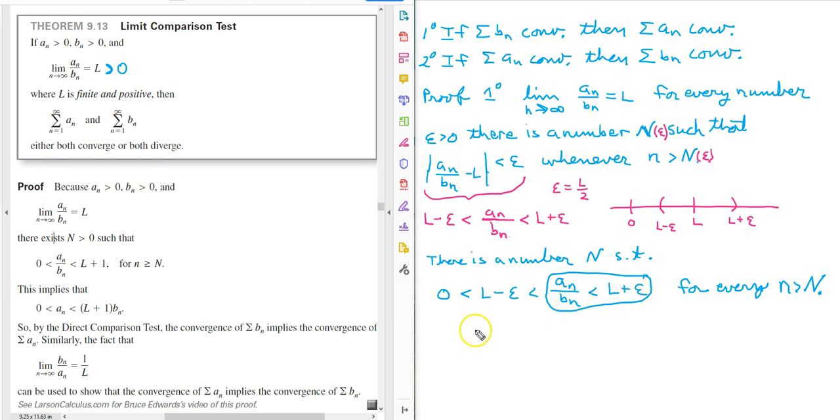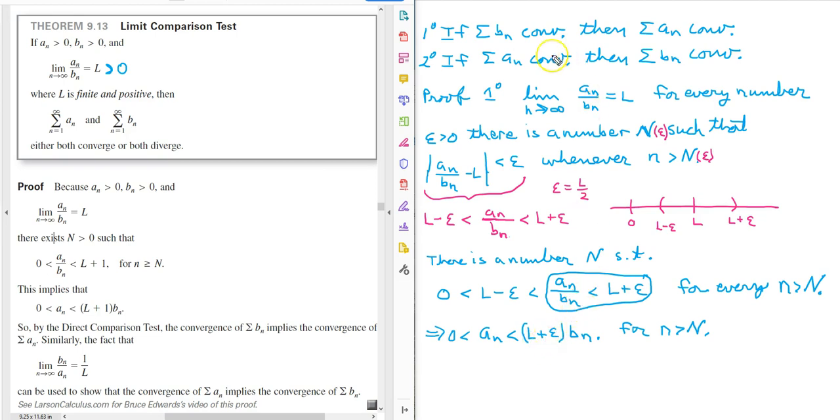If I multiply the bn's over, then this implies that the an's, so we know that all the an terms are bigger than 0 and less than this constant L plus epsilon times bn for n larger than whatever number capital N might be. Maybe it's 1,000 or 1,000,000. It doesn't really matter what it is. We know it exists.